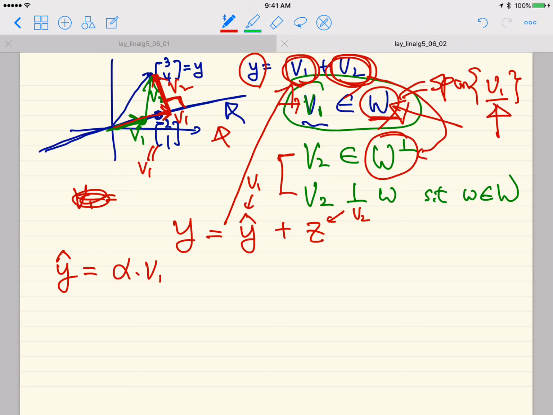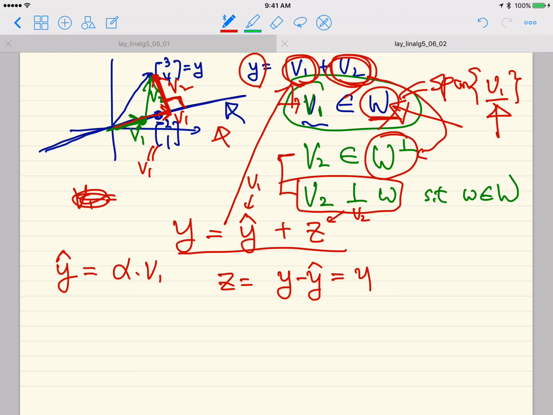Now we have to satisfy this: v2 should be perpendicular to our subspace W. How can we represent that? Here, z can be represented as y minus y hat, which means y minus alpha times v1. Let me change the notation slightly because we are using the orthogonal basis.